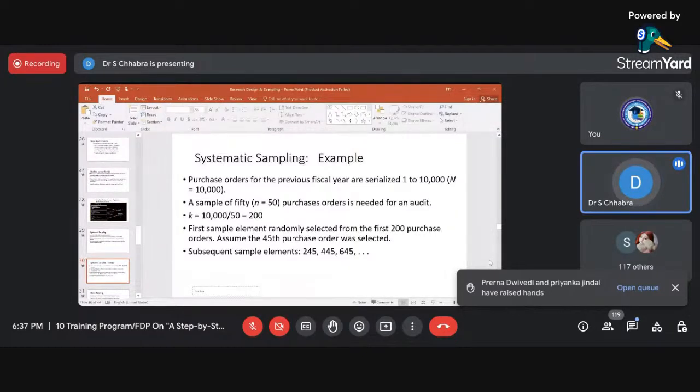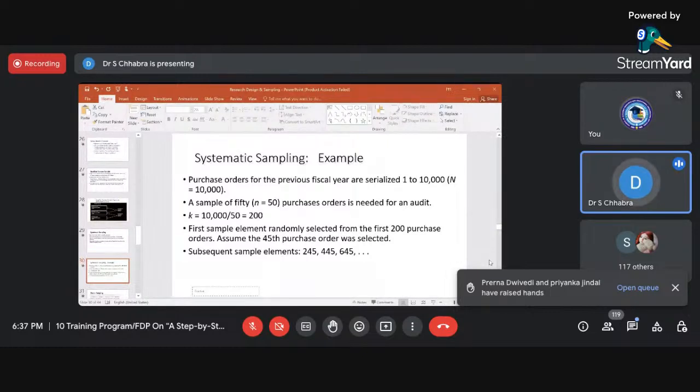I have to decide on a sample size, say 50, 100, whatever you may decide. As is evident in the example, I should determine a constant k or a starting point. So I determine it as, say, 200. Then I pick, say, 45, and then I pick after every 200 or something like that.